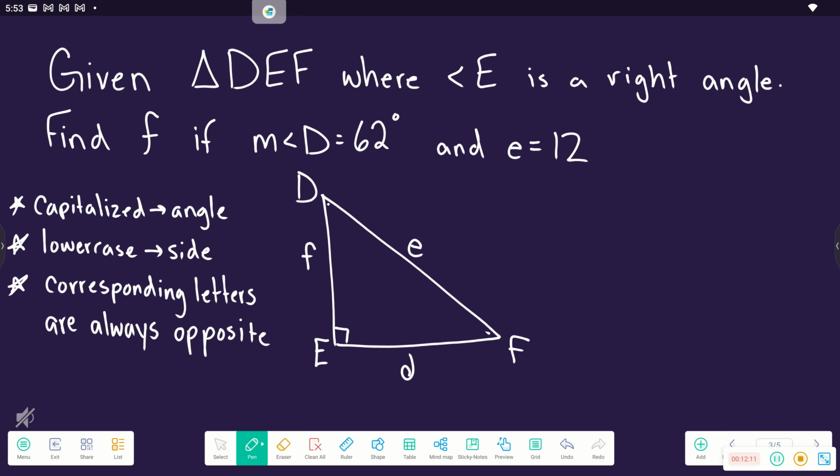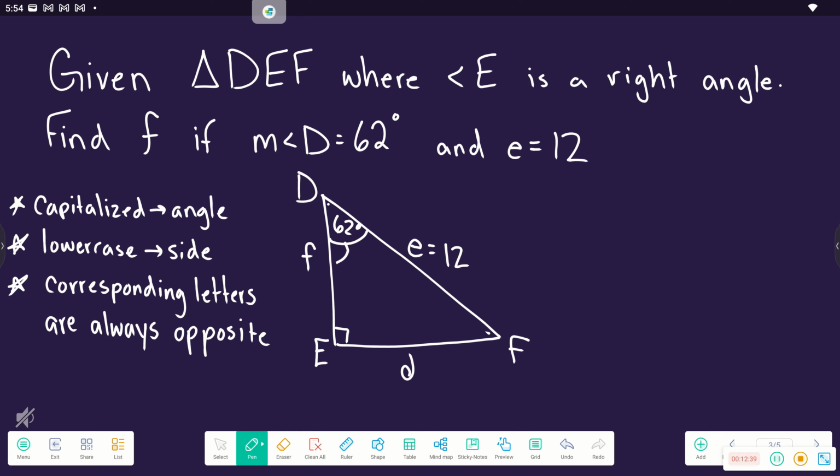And now I can fill in some other information. Measure of angle D, 62 degrees. And E is 12. Okay, we want to find F. So I'm going to look at what I have and figure out which trig function works the best. So here's my angle. We're talking about right here.